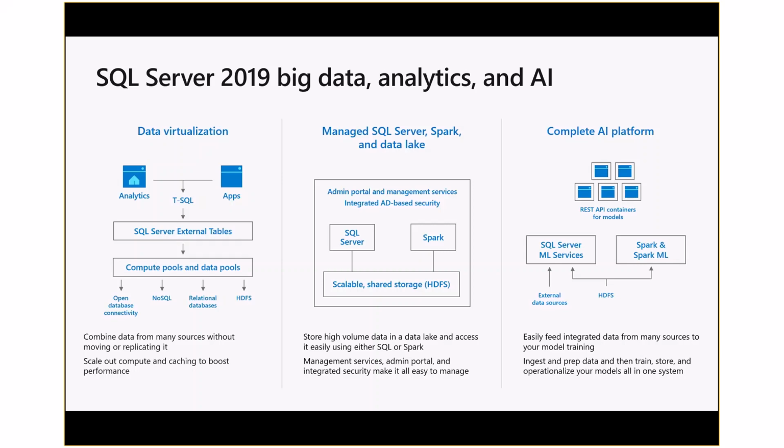So the basic idea behind it is more or less the same, but it's not limited to relational sources anymore. So it's open, as I mentioned, to NoSQL databases. For example, you can directly link a Mongo database. You can directly link a Hadoop file system, for example. And the second thing on the technology side is a little bit different. So it works a little differently than the old external table in SQL Server.